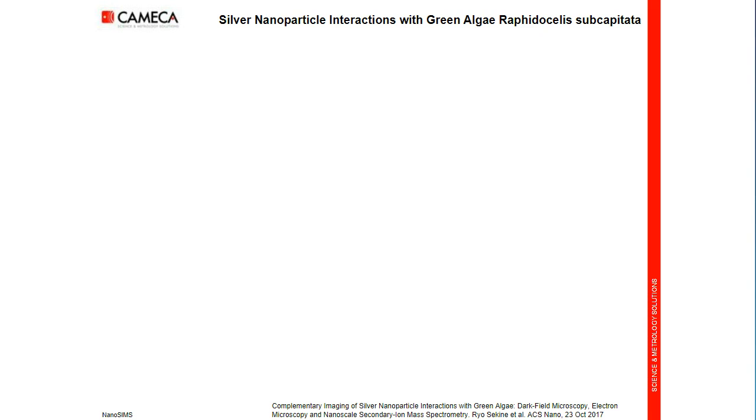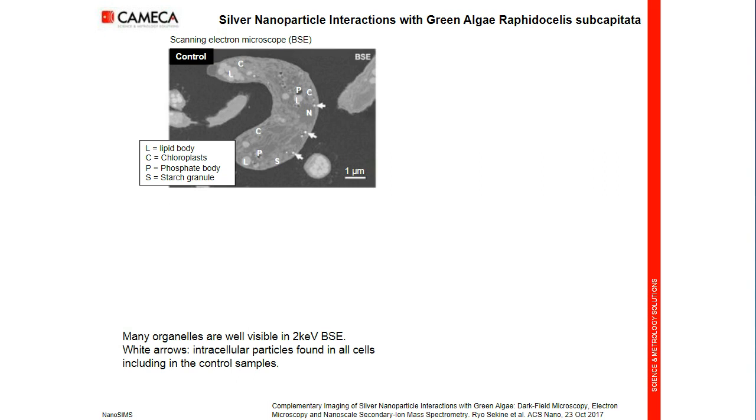Here, dark field optical microscopy under aqueous conditions, scanning electron microscopy, and NanoSIMS. So here, in electron microscopy, we first see control cells, and we see this using low backscattered energy at 2 keV primary energy.